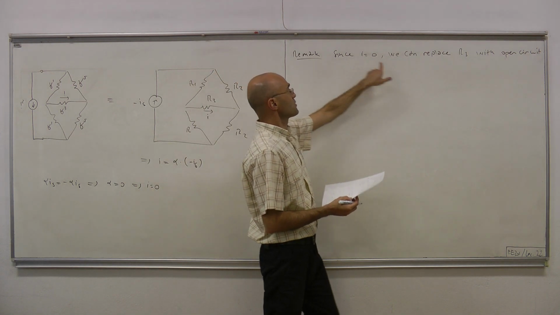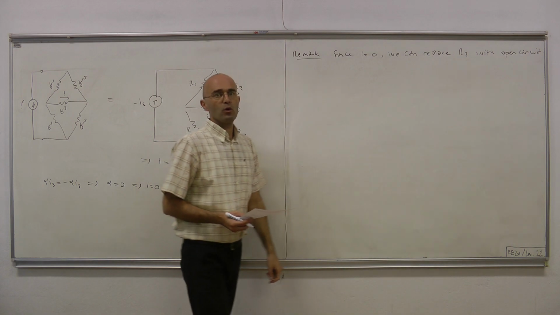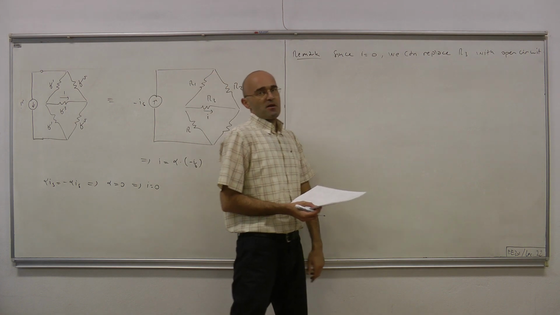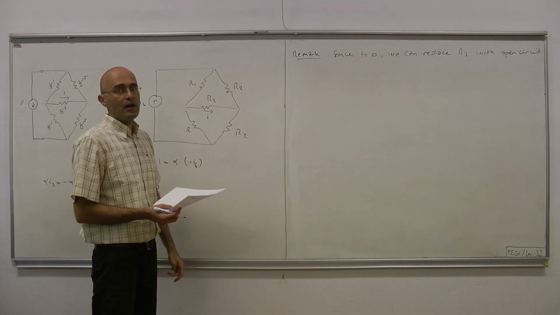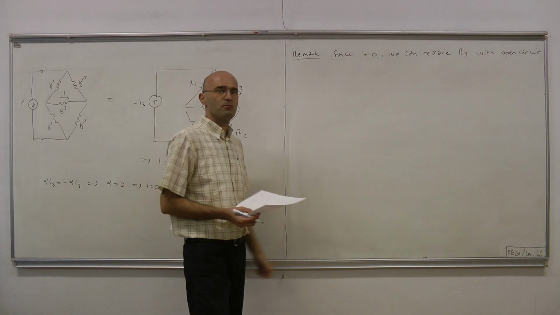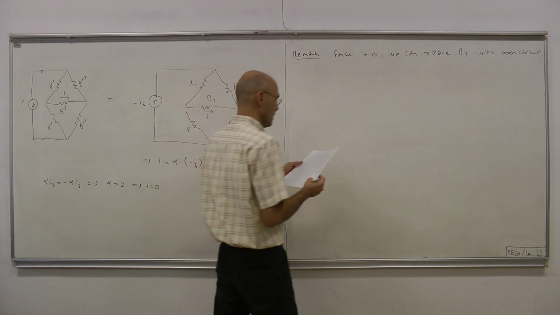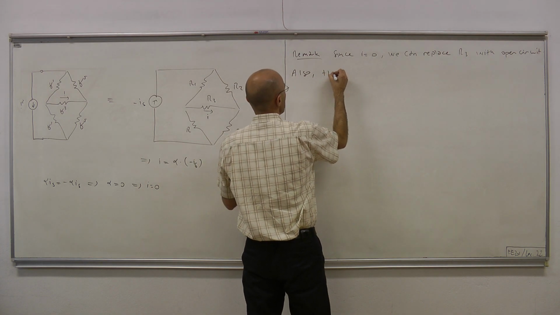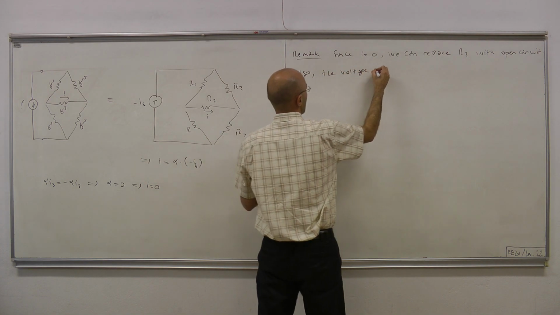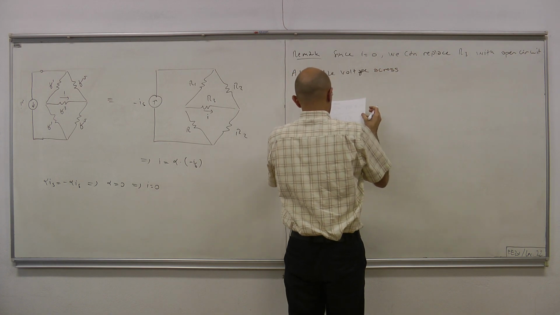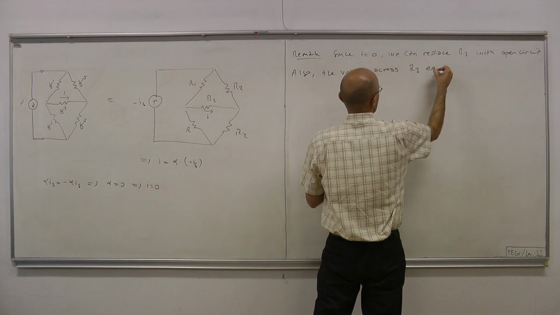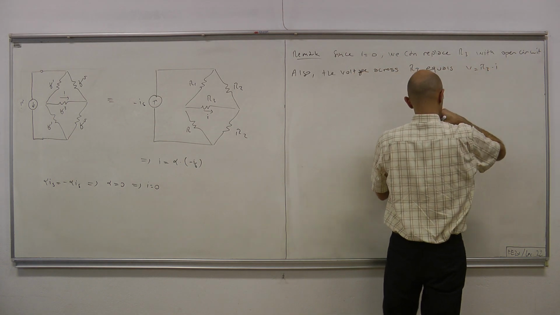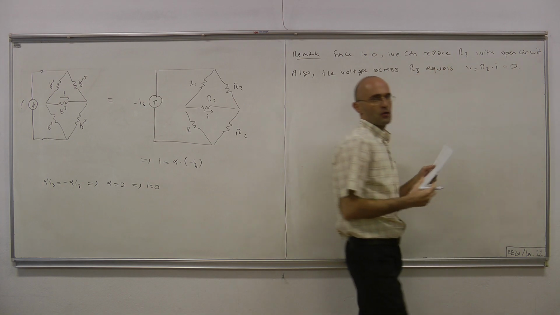But the current times the resistance is the voltage. Therefore, the voltage is also always 0. And again, by substitution, we can also replace it by a short circuit. And that should not change the answer. Also, the voltage across R3 equals V equals R3 times I equals 0.